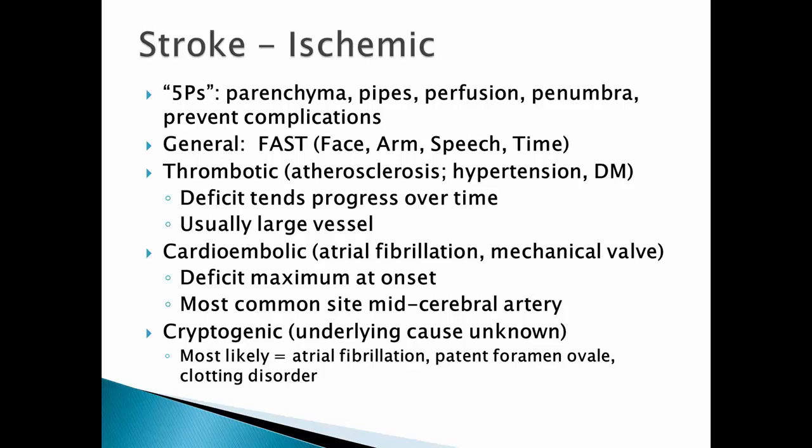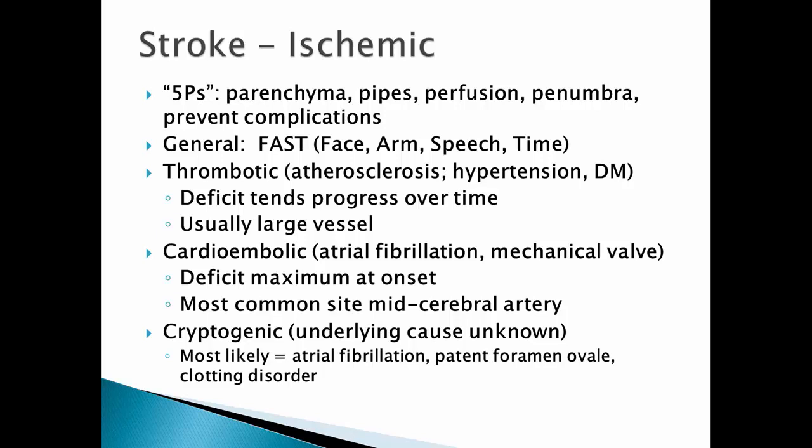The most likely suspected causes of cryptogenic stroke include some of the other ones we talked about. One is atrial fib. Now, we know that in some individuals, atrial fibrillation is paroxysmal, so they aren't always in atrial fib. They may have runs of AFib that resolve on their own. So they don't have atrial fib when we see them in the hospital, but we think that's what was causing their stroke.